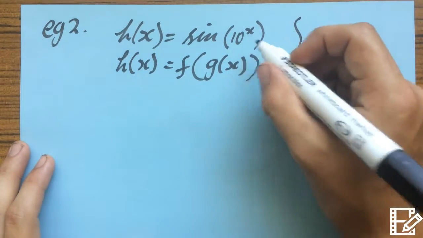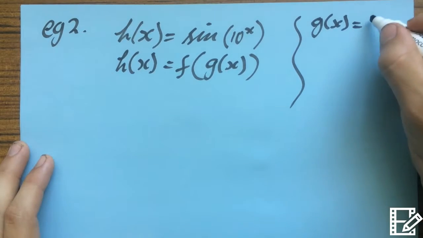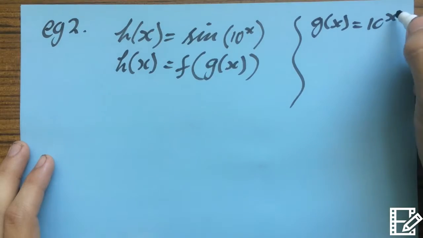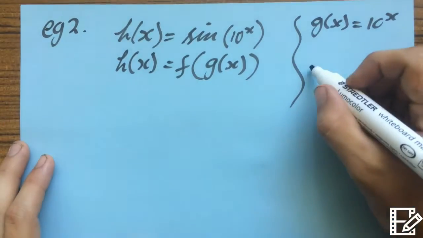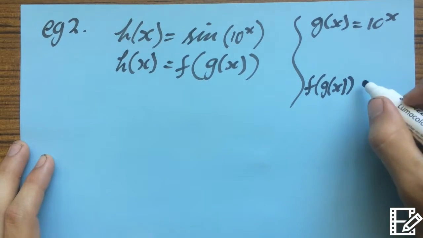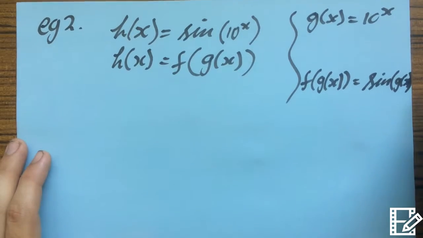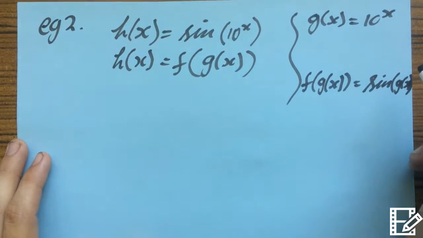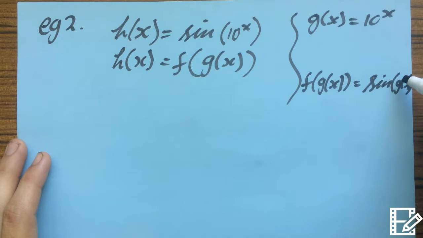Let's say g(x), the innermost function, is 10^x, because 10 to the power of x is the innermost function here. So f of g(x) would be sine g(x). Oh, it's not going to fit. So all I did was just substitute g(x) for 10^x, because I renamed it.